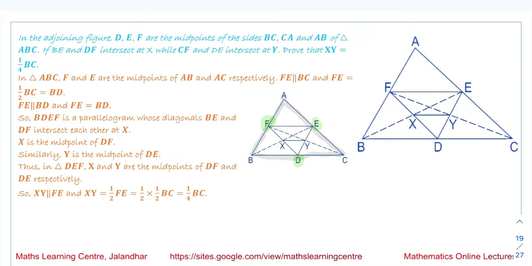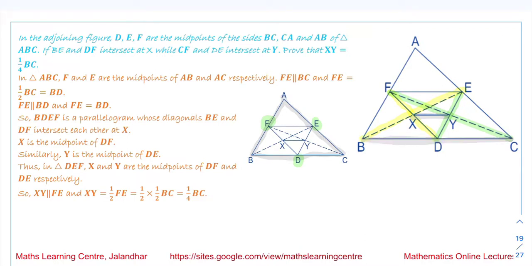Next it is given that BE and DF intersect at X, and CF and DE intersect at Y. We have to prove that this length XY is 1 by 4th of BC.